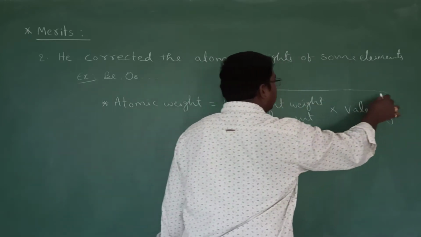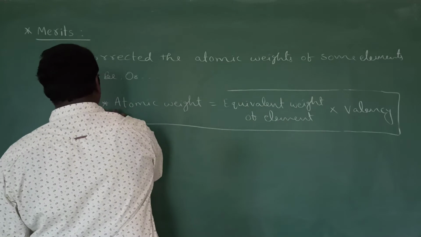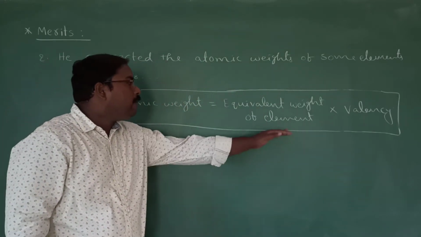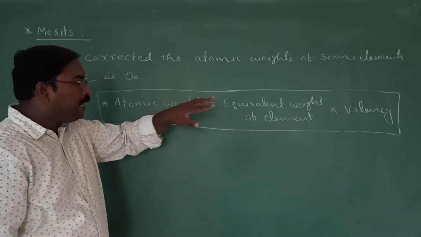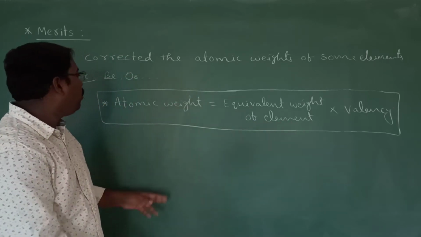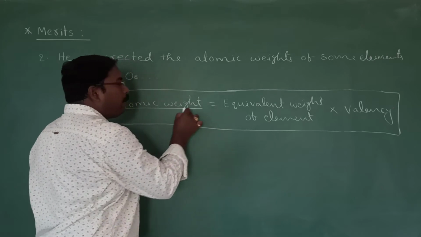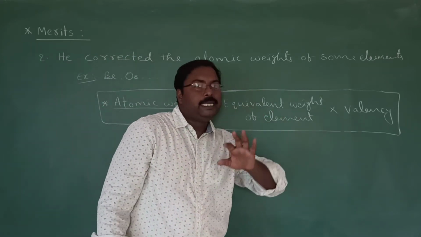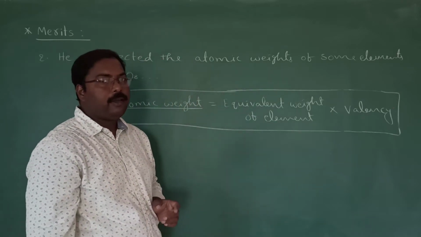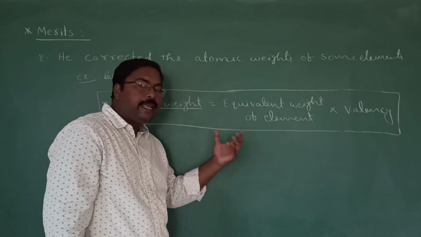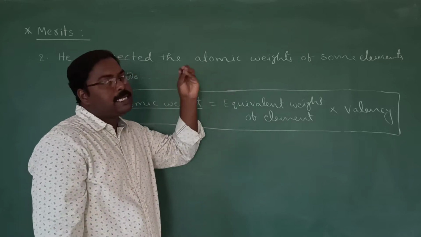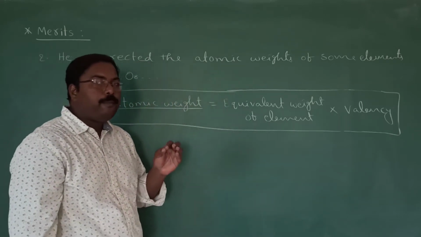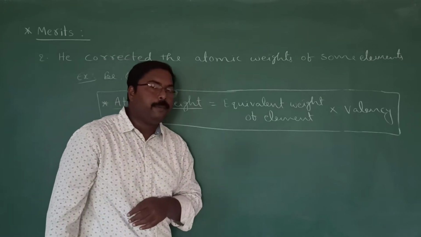Generally, we write equivalent weight is equal to atomic weight by valency. So to calculate the atomic weight, the formula is equivalent weight of an element into its valency. In this way, he calculated the atomic masses of some of the elements. These are the main merits of Mendeleev's periodic classification of elements.